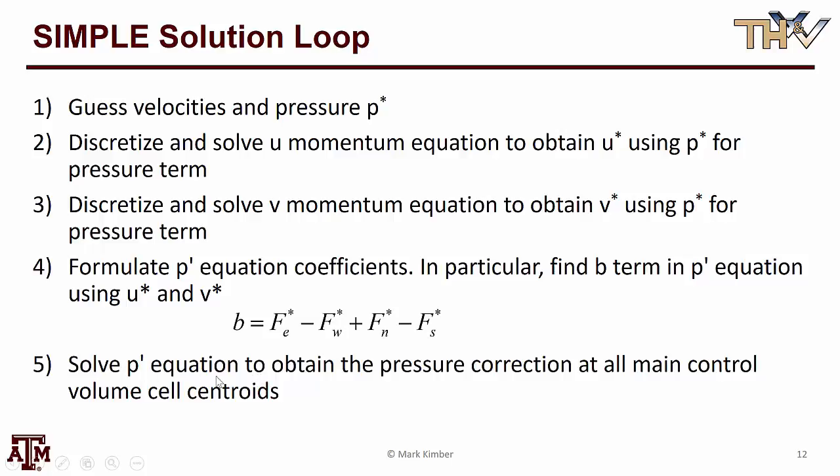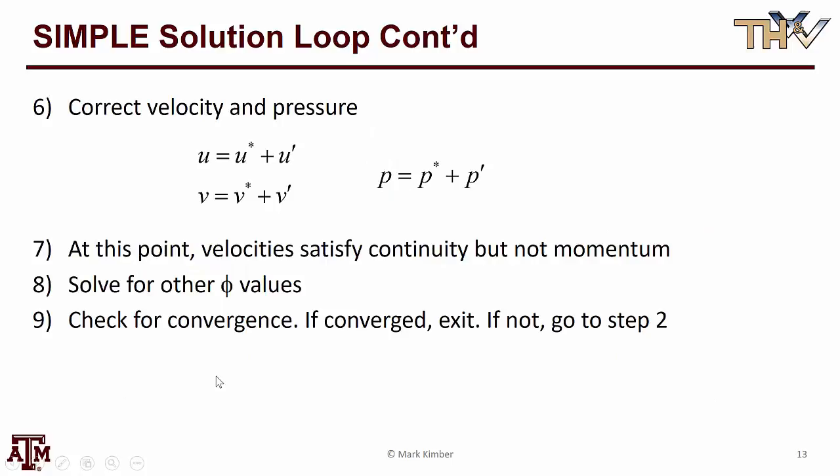So step 5, we'll solve the P prime equation, and we will then apply that to all of our velocities and pressures. And then we want to take a look at these velocities to see if they satisfy continuity and momentum. And then we eventually check for convergence.